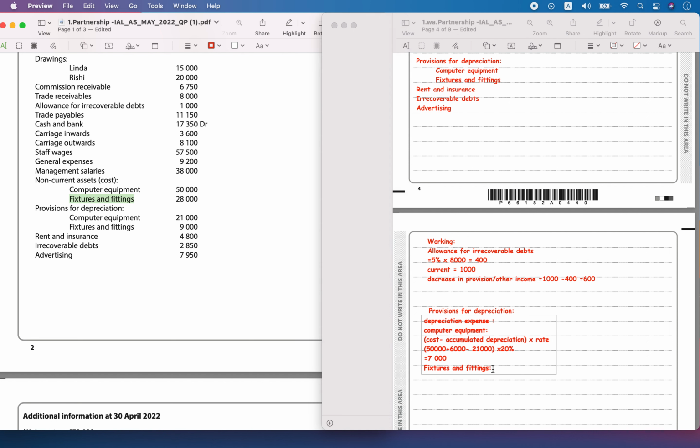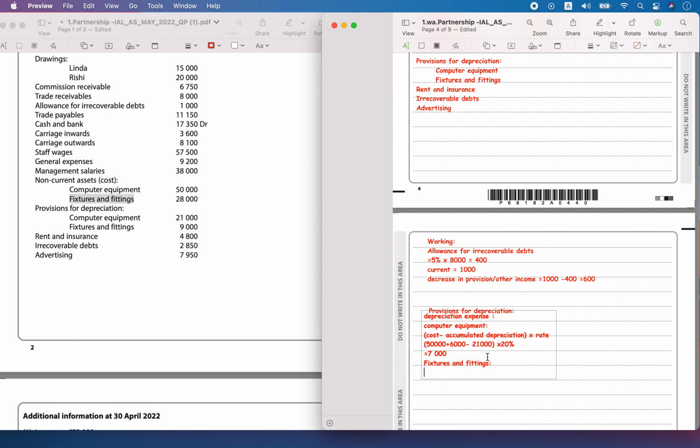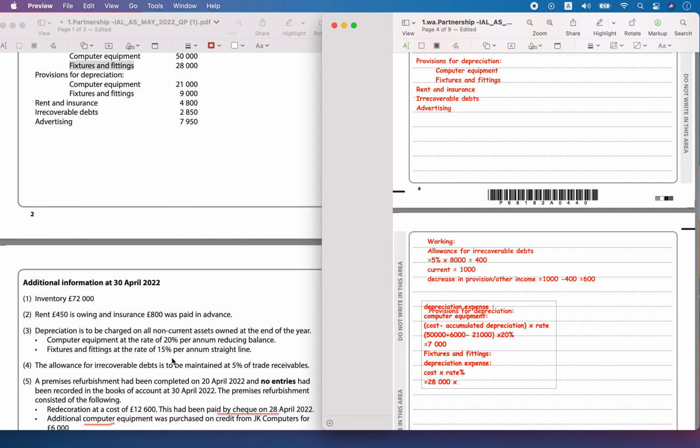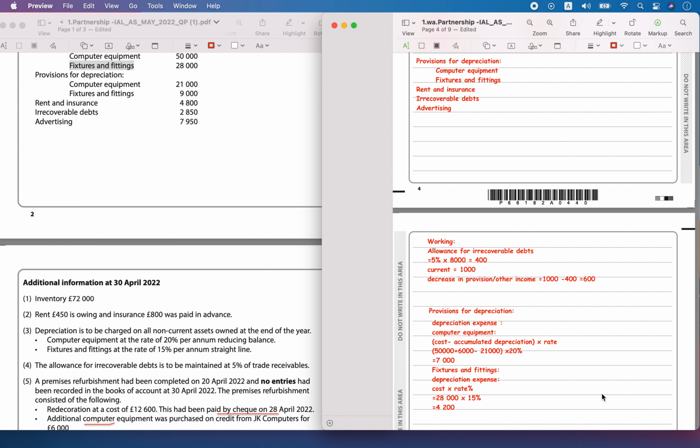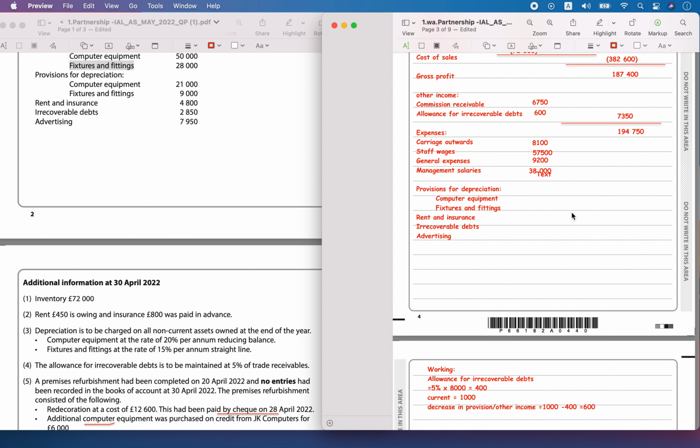Fixtures and fittings 15%, cost 28,000. The depreciation expense will be cost times the rate. So 28,000 times 0.15 is equal to 4,200.